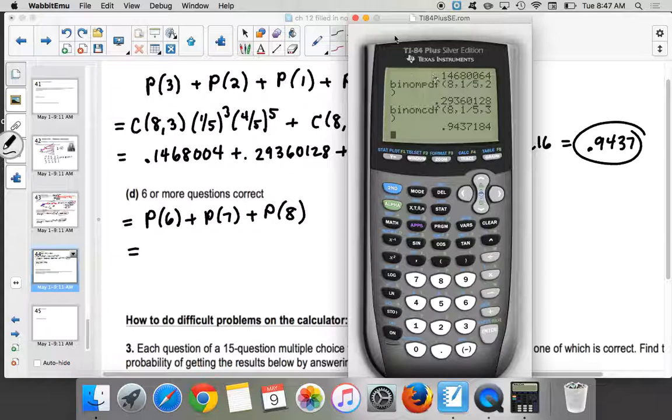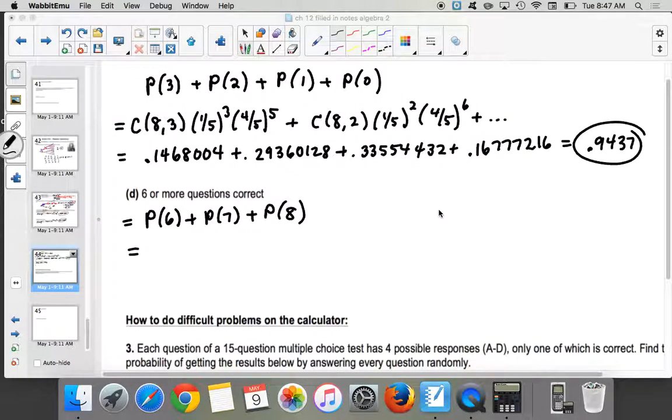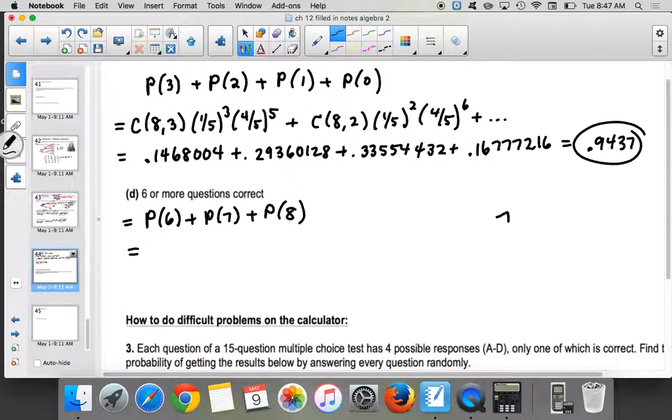All right, so if you guys have the different setup, the one that says trials, P, and X value, it's basically the same, okay? That's still NPR. So trials is the number of trials you have. In this case, it was 8. P is probability, so P is 1/5, and then our R value, or X value, is the number you want to get correct, so 3.